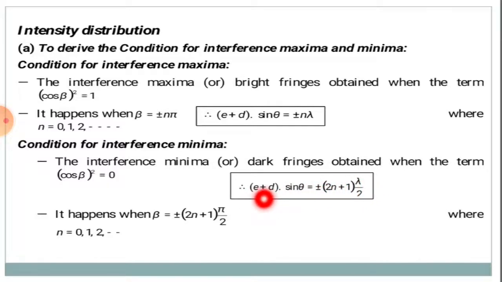Between lambda and 2 lambda, at 3 lambda by 2, we will get minimum intensity. When the path difference is an odd multiple of half wavelength, we will get minimum intensity in the interference pattern. So these are the conditions for maxima and minima in the interference pattern.